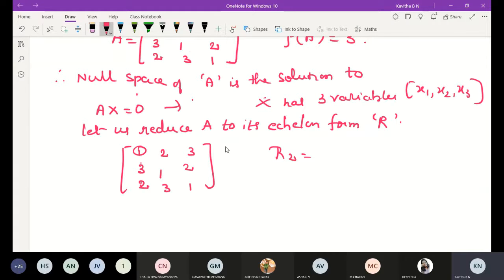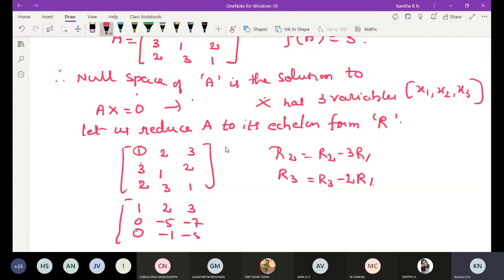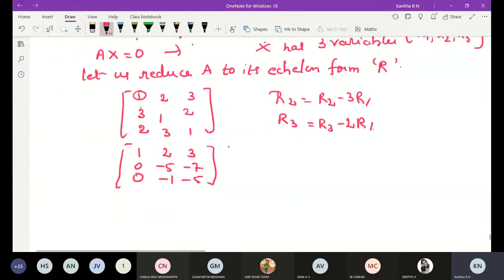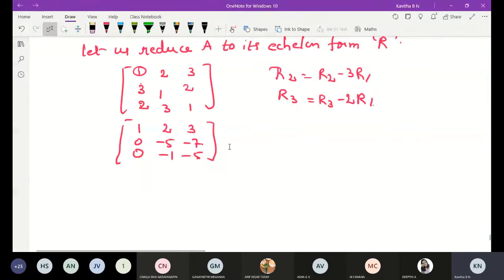R2 is equal to R2 minus 3R1, and R3 is equal to R3 minus 2R1. Do the operation. We will get 1, 2, 3, 0, minus 5, minus 7, 0, minus 1, minus 5.